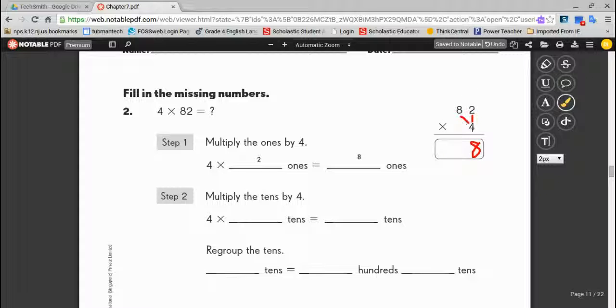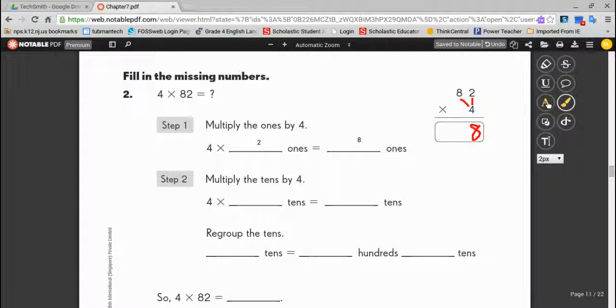And now we want to multiply our tens. 8 tens times 4, or 4 times 8 tens. And if you count your multiples of 4, you will know that 4 times 8 equals 32. Okay, so let's write down 32.